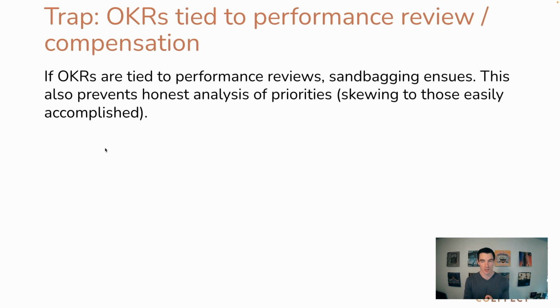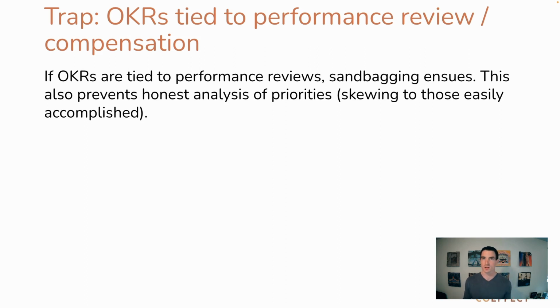One trap I'll mention here before sharing anything else: definitely be careful about tying your objectives and key results to compensation or your performance review process. The reason for that is that if you have money tied to objectives and key results, well, that incentivizes completing those objectives and key results. It also incentivizes really sandbagging those objectives, setting goals that are almost always easy to reach instead of setting any kind of stretch goals.